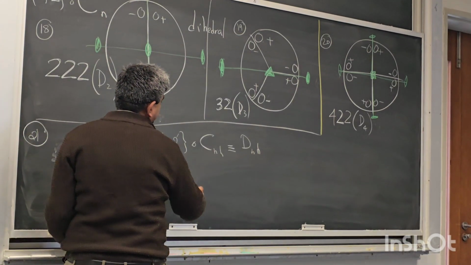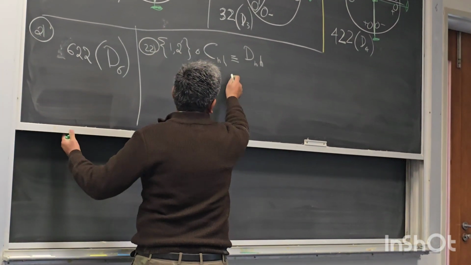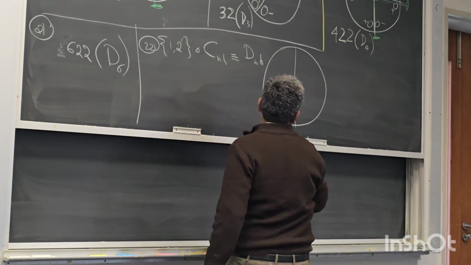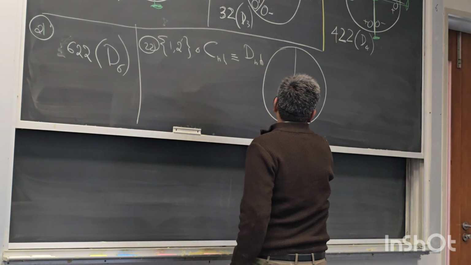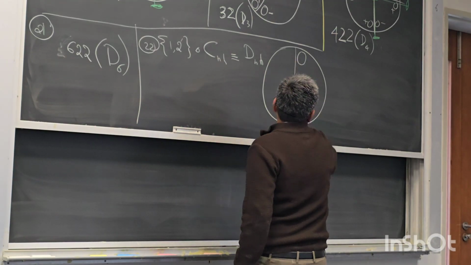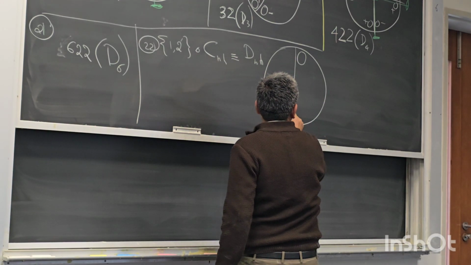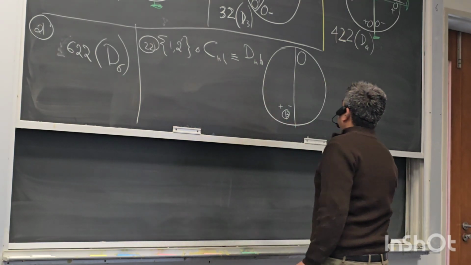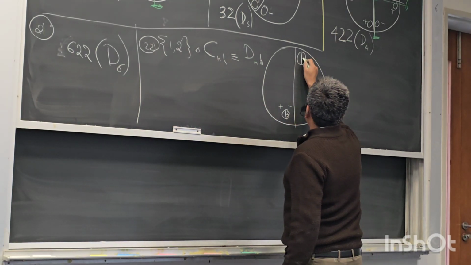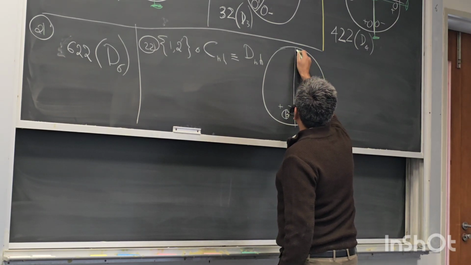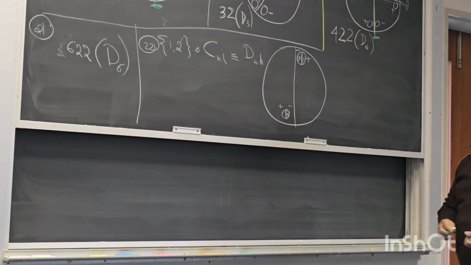Let's take C2h. Here I have C2h. This is my C2h, isn't it?